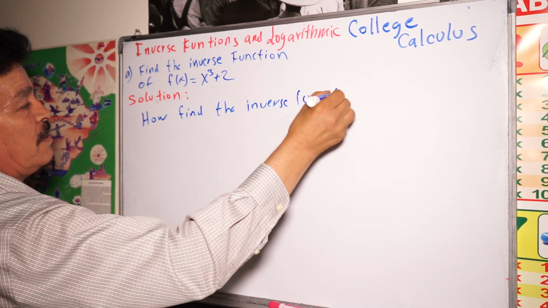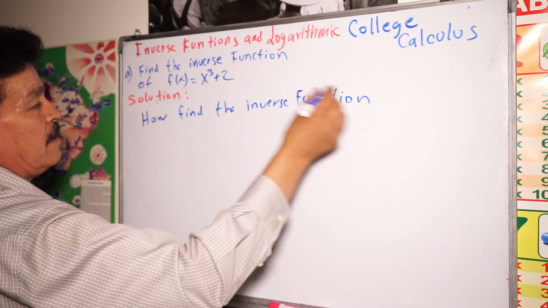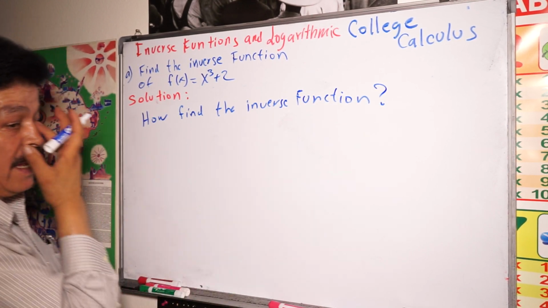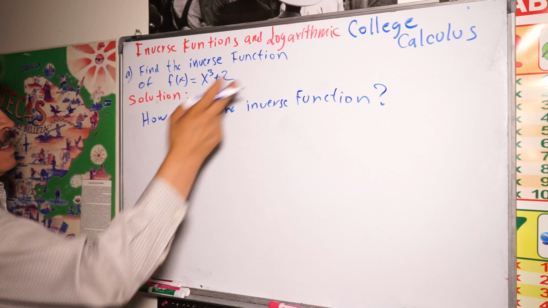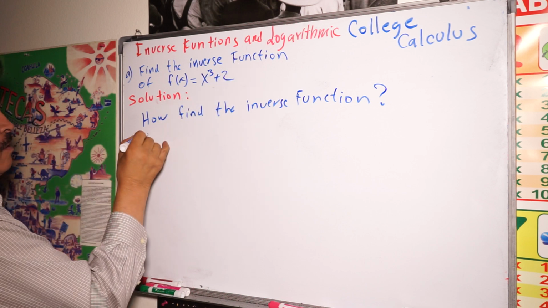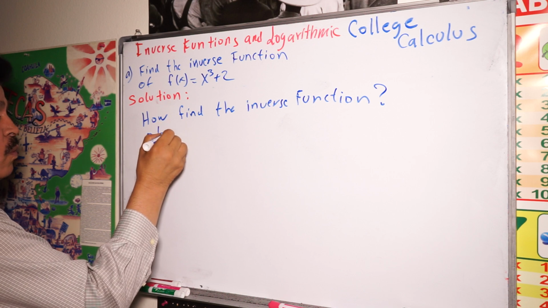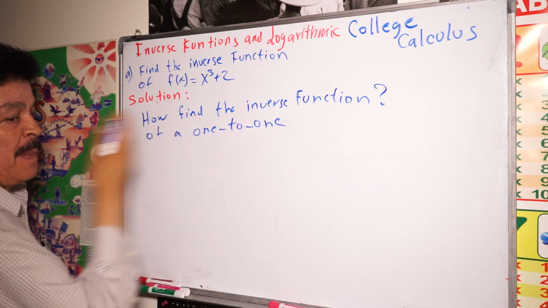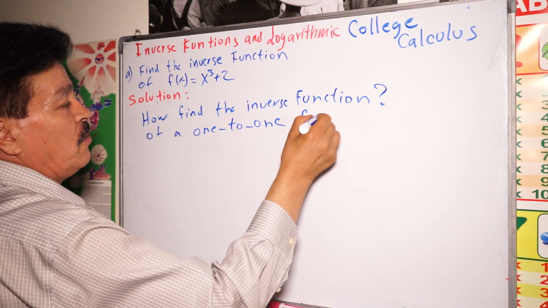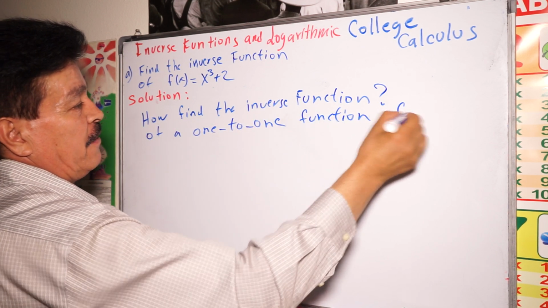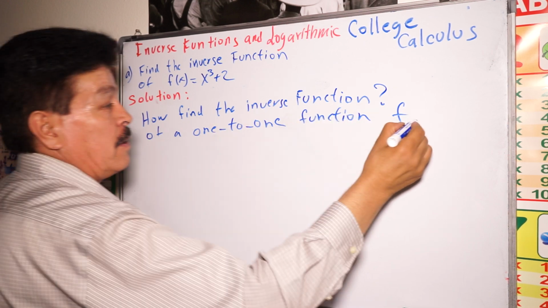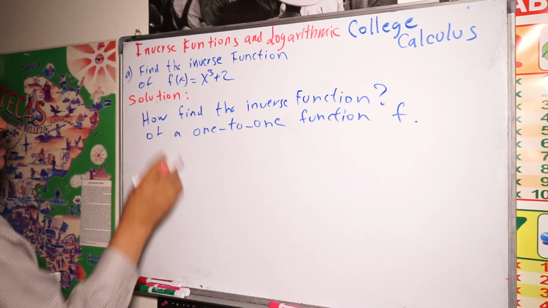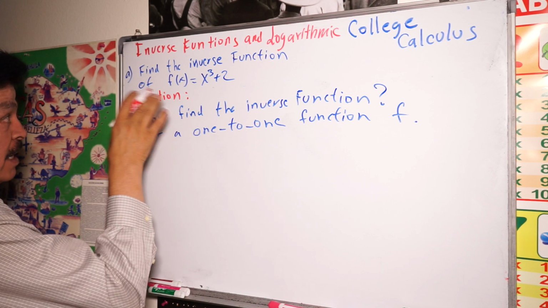In this case, the problem of a 1 to 1 function f. Okay, so step 1, look at this. All this process you must do when you try to find the inverse function.